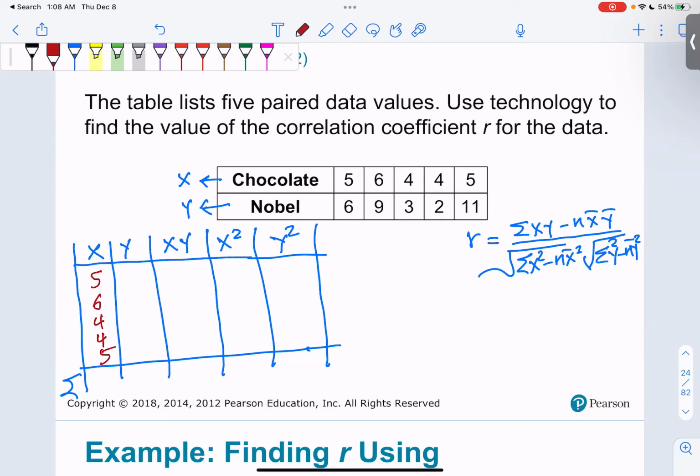Then here 6, 9, 3, 2, 11. So the first one is 30, and so on, right? So X squared, this is 25. This is 36. This is 16, 16, and then 25. So this value here will be the summation of X squared, and so on.